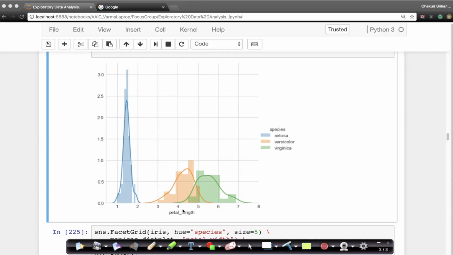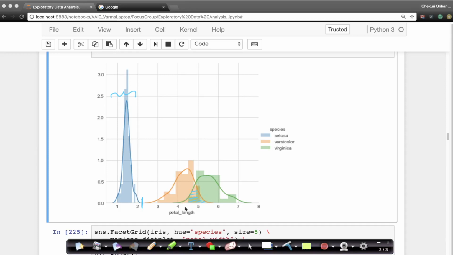Now let's assume I pick petal length. From these distributions I know that I will not find a setosa flower beyond a value of 2, because my whole distribution is here, right? Which means my setosa is well separated from my virginica and versicolor. That's the first thing. And between versicolor and virginica there is some separation, because the overlap is only this much.